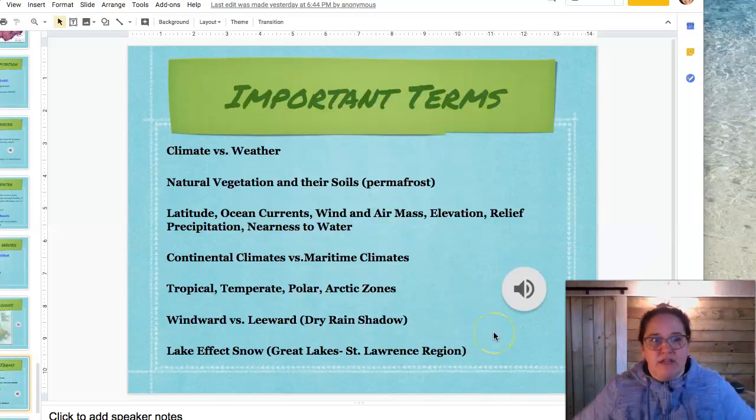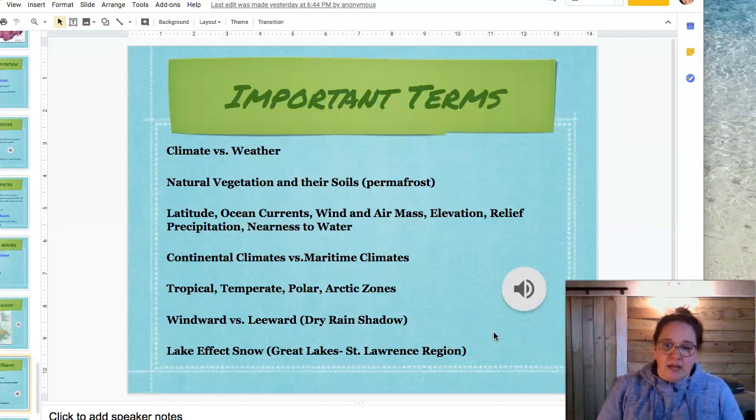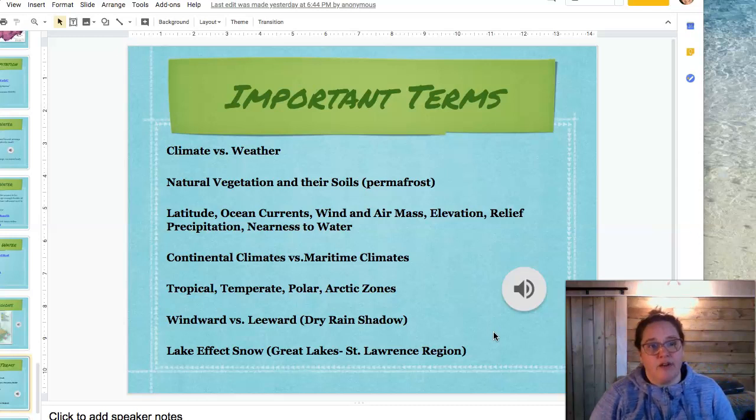So important things that you need to be able to do. You need to be able to tell me the difference between climate and weather. You need to be able to talk about what type of vegetation and soil you might find in these regions and what permafrost is. You should be able to identify latitude, ocean currents, wind and air mass, elevation, relief precipitation, and nearness to water. You should be able to tell me the difference between a continental climate versus a maritime climate.